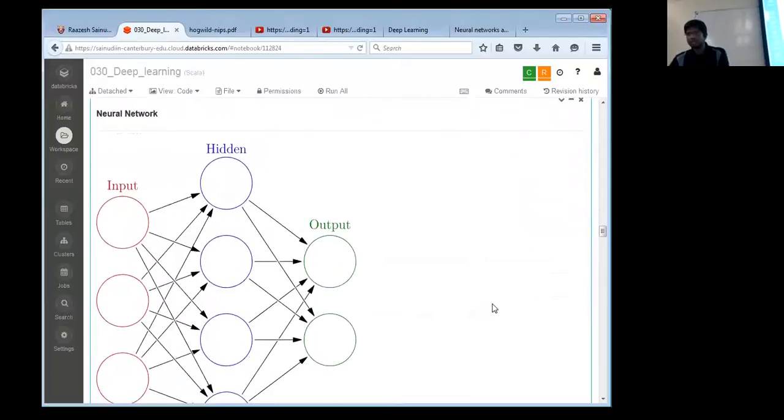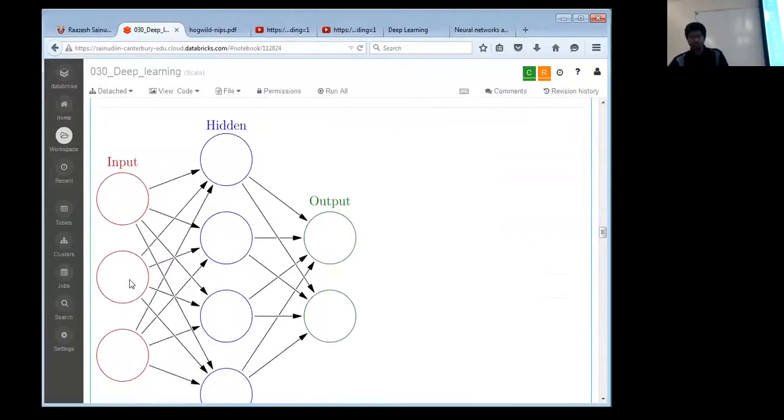So this is what it looks like. We have the inputs, and on each of these edges, we learn weights, which is the matrix multiplication step. Inside this hidden layer, we have ReLUs, which is the nonlinear function. And on the edges coming out of the hidden layer, we also learn weights.